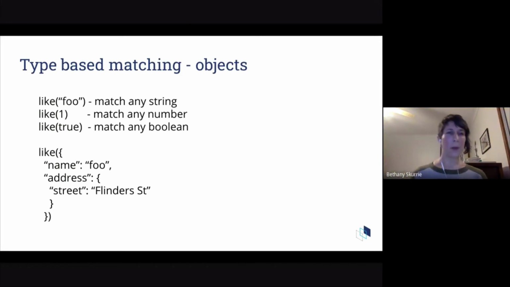So it works for all of the JSON types: string, number, Boolean. The matching I'm talking about here, it's worth mentioning, is for the Pact specification version 2. There are 3 specification versions that are generally used. Actually, that's not true. The very first one never made it out of realestate.com.